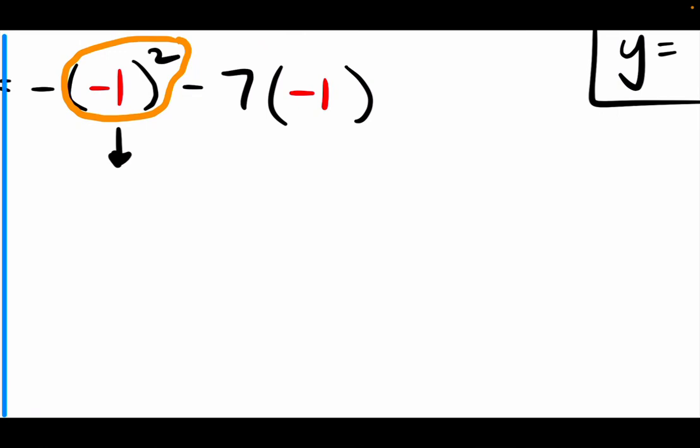Positive 1, right? So we're going to change this to positive 1. Everything else that I haven't used is going to come down. Have I used this negative in front? Not yet, so it's got to come down. All this stuff too has not been used, so I bring it all down.